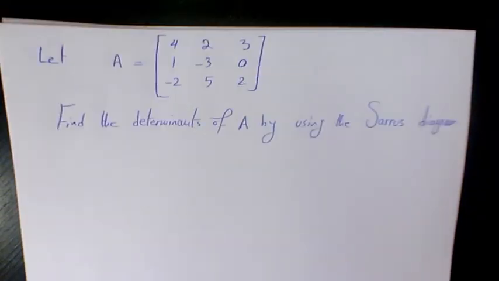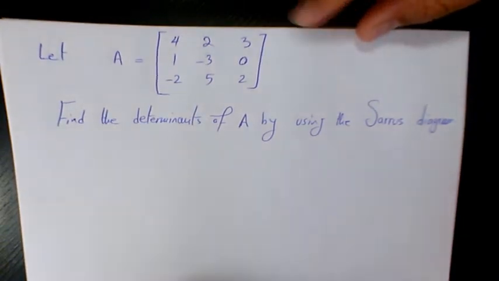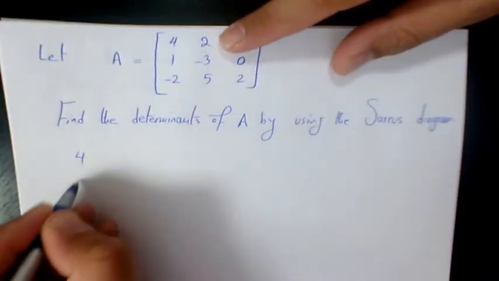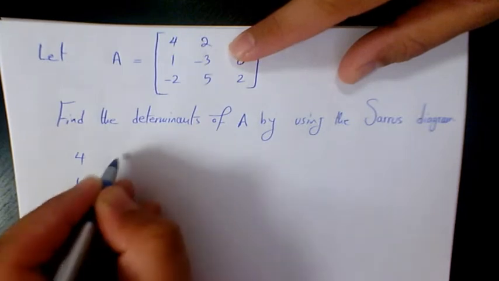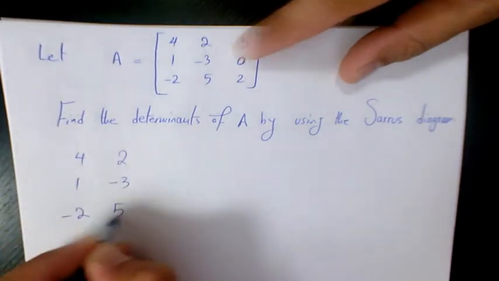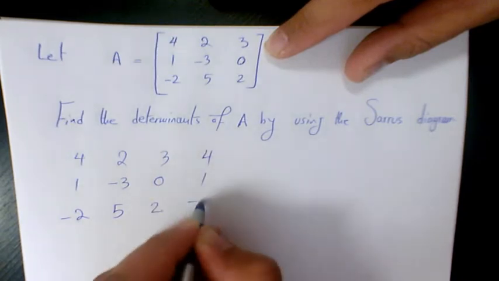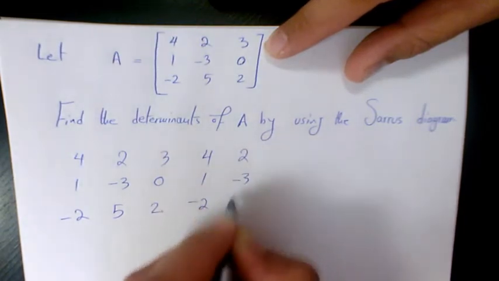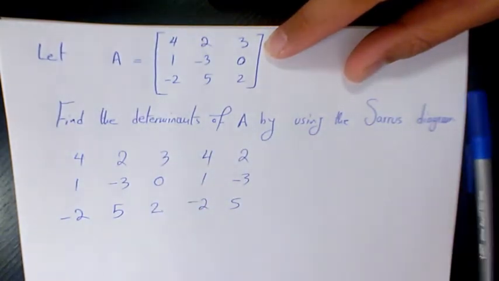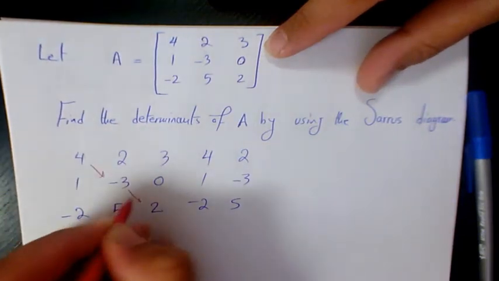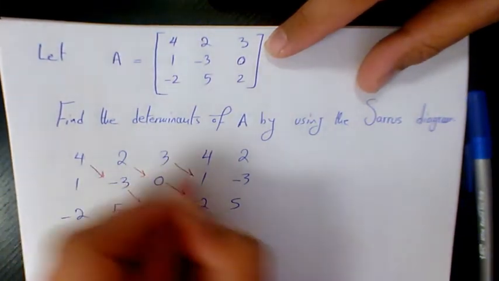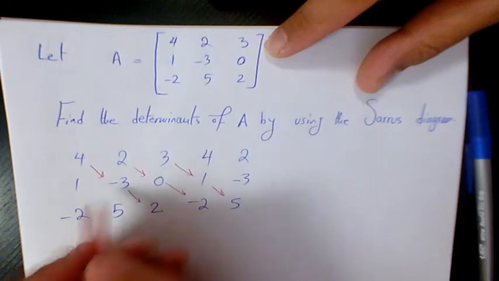Now let's solve this example using the series diagram. So I'm going to have 4, 1, negative 2, 2, negative 3, 5, 3, 0, 2, and I list the first two columns again. So it's going to be minus.